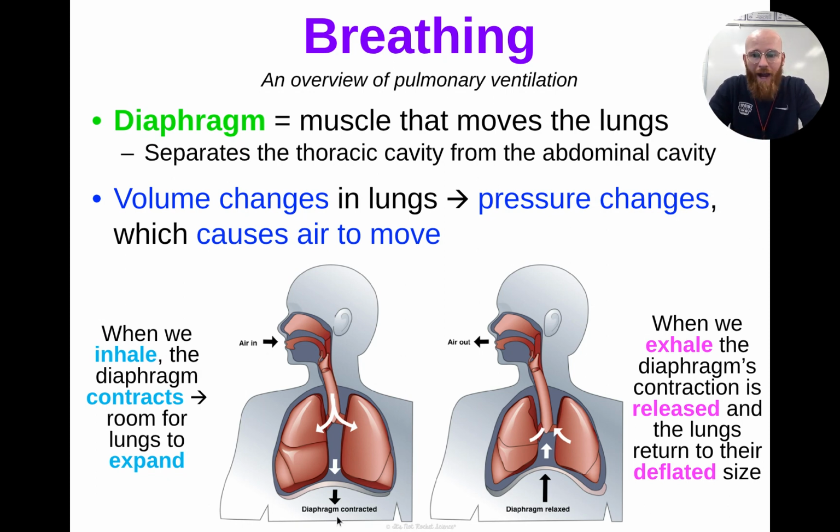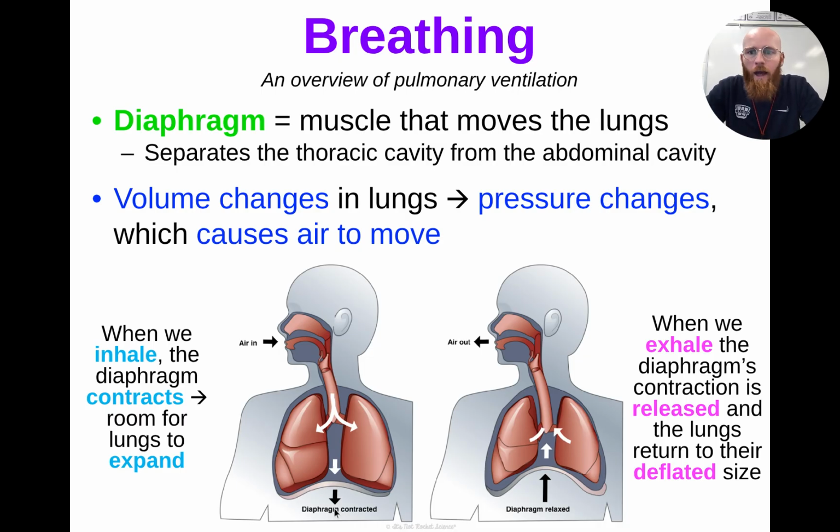If that contracts, like when we inhale, the diaphragm goes inferiorly, and this creates more space and room within that thoracic cavity for the lungs to expand. Okay, so it's that downward movement of the diaphragm when it's active that actually allows for the space for those lungs to fill with air.